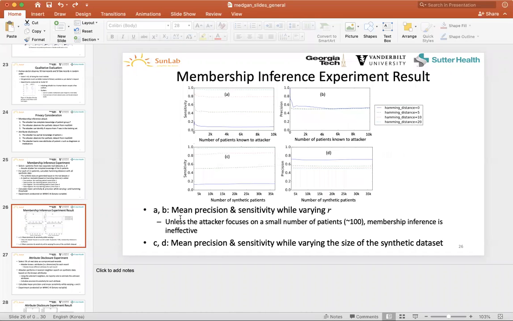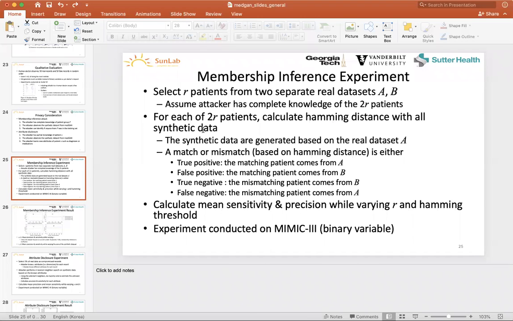the bottom line is the mean precision and sensitivity, with varying R. Sorry, synthetic. All right. In order to perform membership inference, you need to split the data set into the records that I know and the ones generated by the synthetic data set.